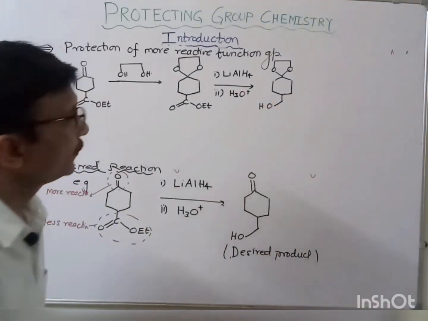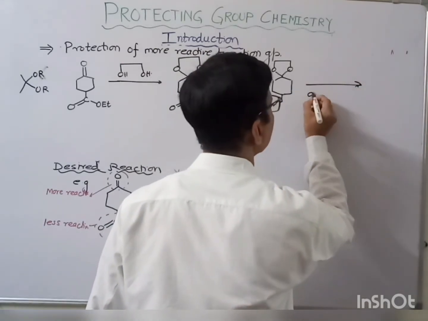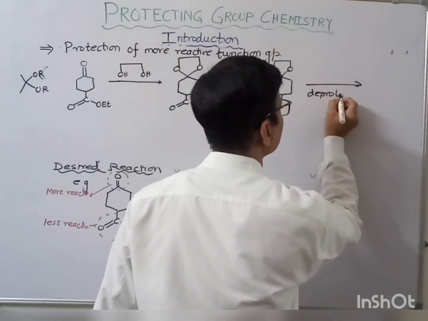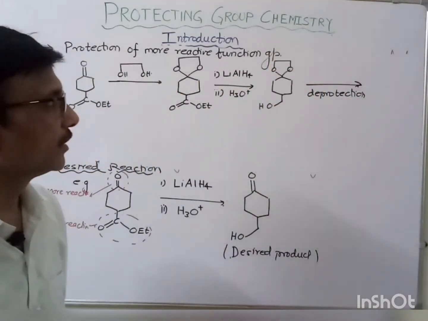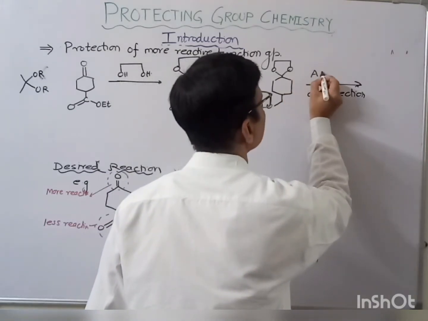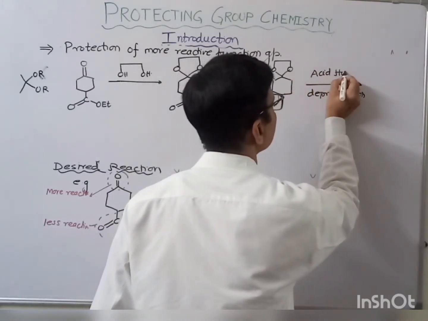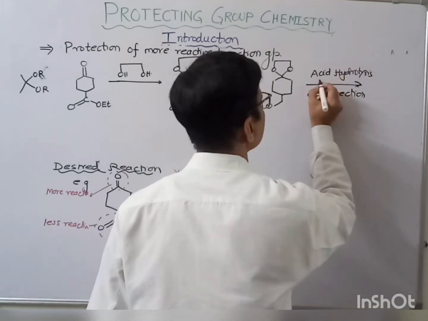Then we can deprotect it. After deprotection of this cyclic acetal group, we will get the desired product. This deprotection can be done by acid hydrolysis.